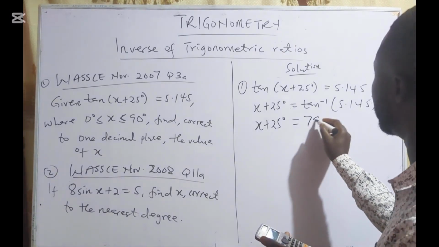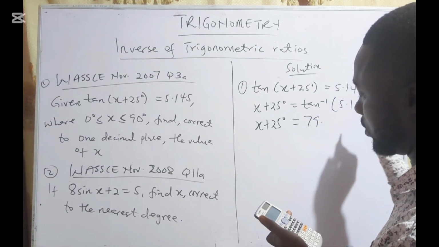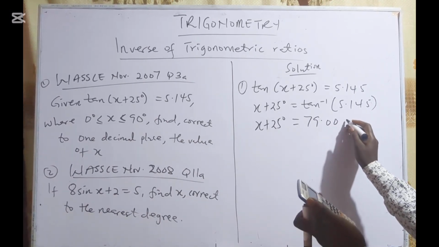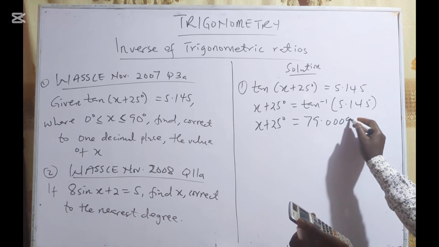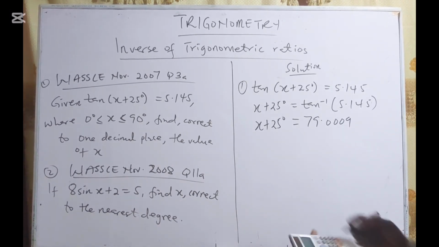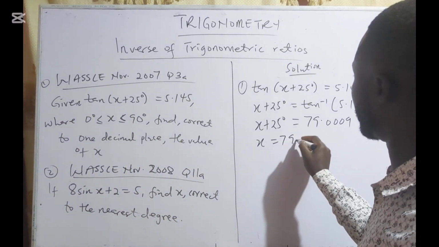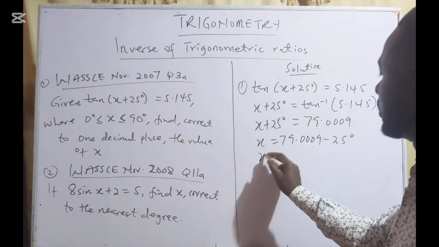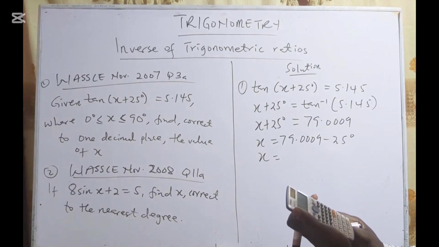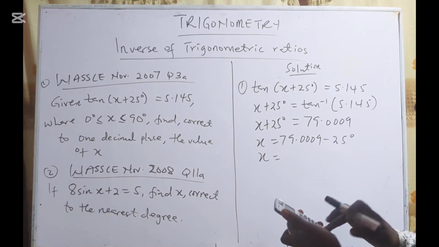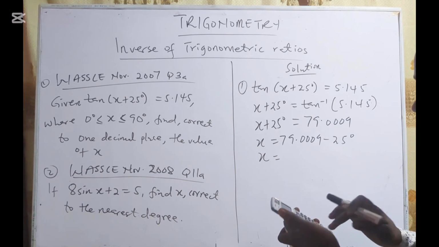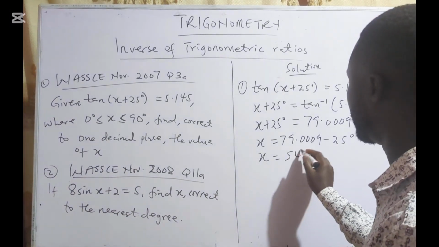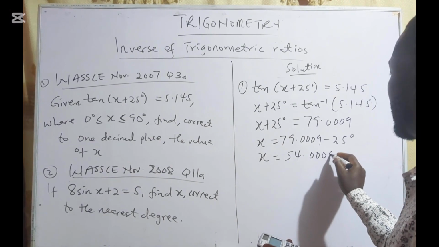That is 79.0009, so that is 79.0009. So my x is going to be 79.0009 minus 25 degrees, and my x will give me 54.0009 degrees.